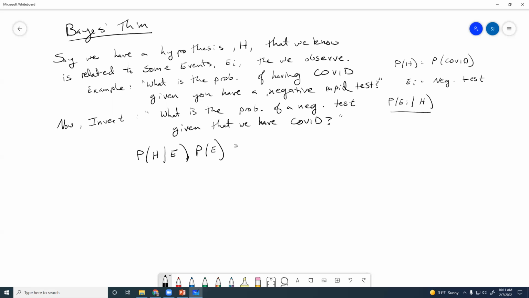And that's going to be equal to, given the multiplication rule, we can just flip that around. So the probability that we have a negative test, given that we have our hypothesis true, that we have COVID, times the probability of our hypothesis.